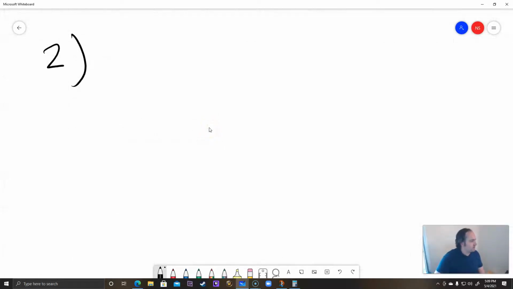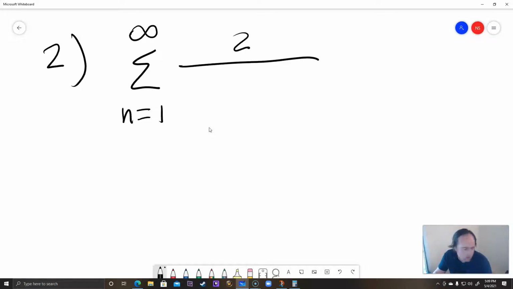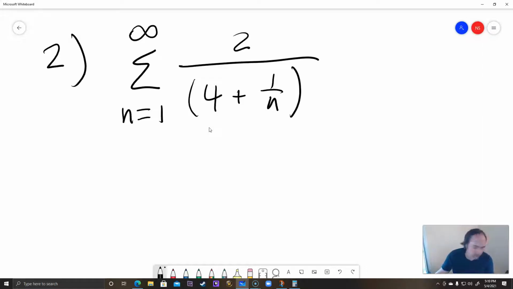Okay, so for example number 2, we're going to do the sum from n equals 1 to infinity of 2 over the quantity 4 plus 1 over n, quantity to the 3n.